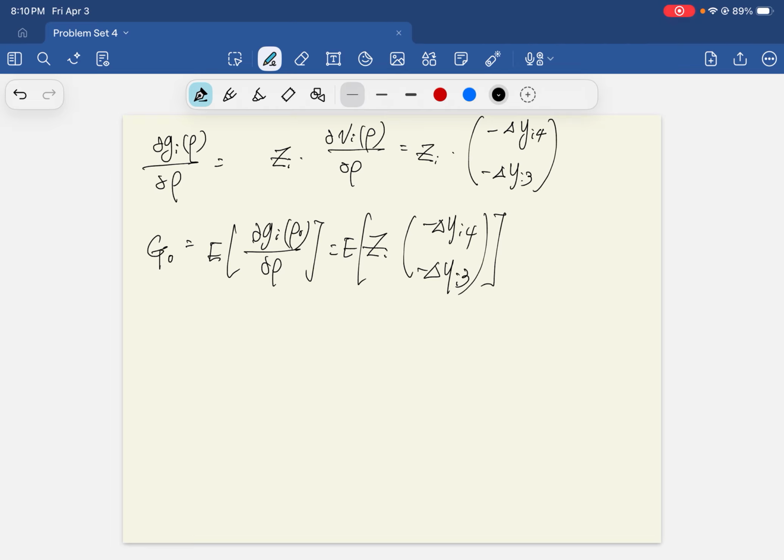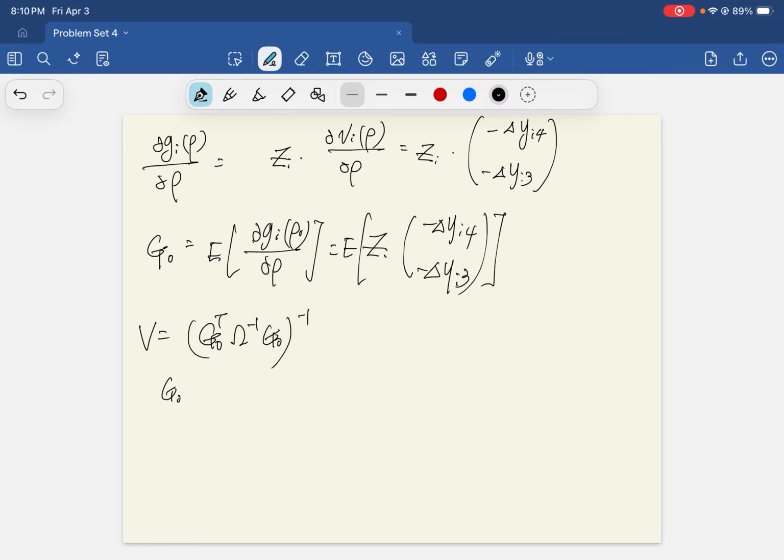Its expectation is G. So this is easy. Then let's think about the asymptotic variance. The asymptotic variance will follow (G_0 transpose omega inverse G_0) inverse. Then just go ahead and plug this in.